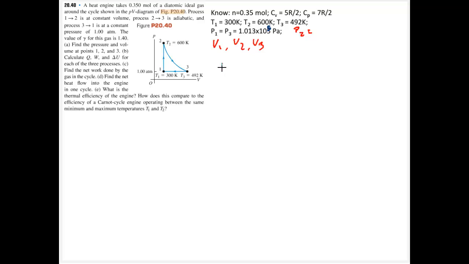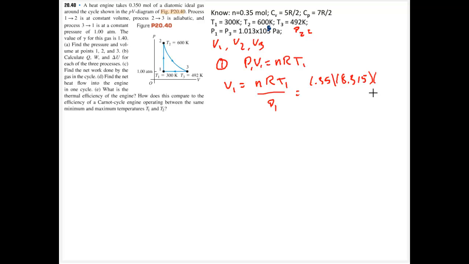So let's just go ahead and start off at point 1. We can say the old PV is equal to nRT, point 1, point 1, point 1. So we can say that the volume at 1 is going to be equal to N times R times T1 divided by P1, or 0.35 moles, 8.315.